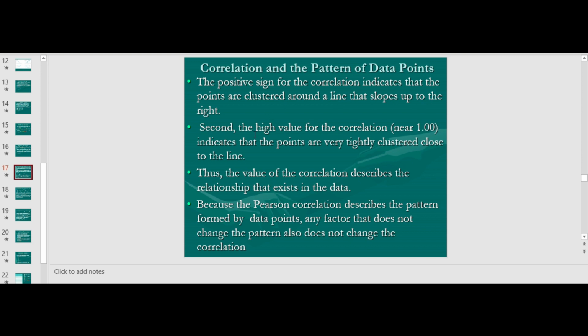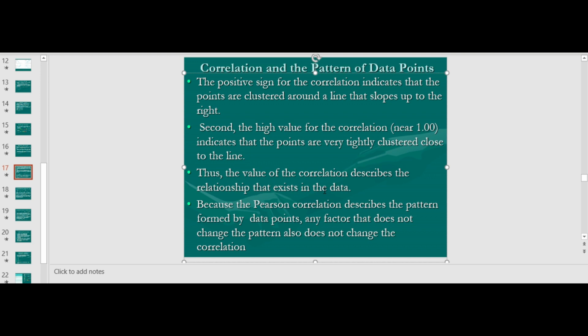Second, a high value for the correlation near 1 indicates that the points are very tightly clustered close to the line. Thus, the value of the correlation describes the relationship that exists in the data, because the Pearson correlation describes the pattern formed by the data points.